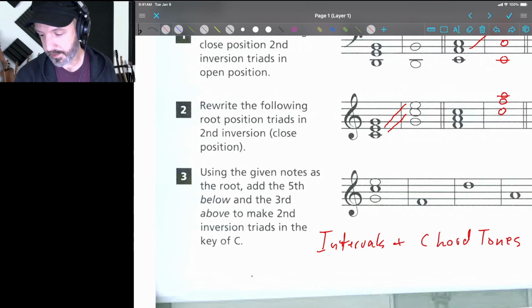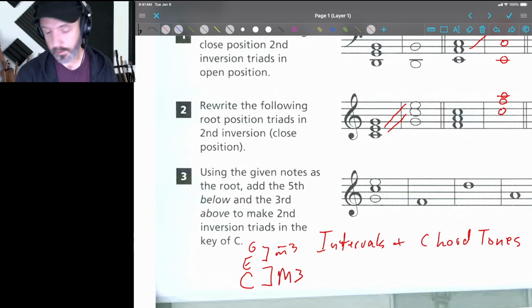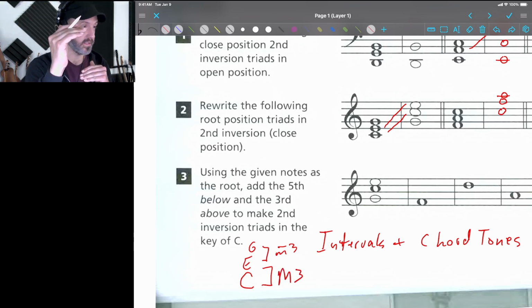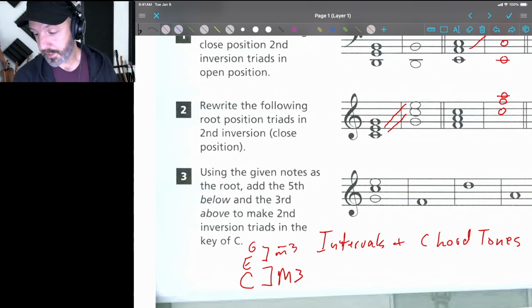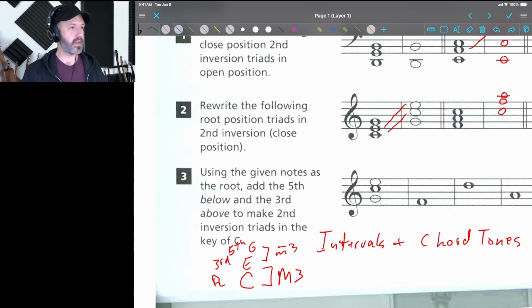Intervals would be like, say, if I C, E, G, that'd be a minor third and a major third. Those are intervals. We're dealing with distance, right? When we're talking about scale tones, we're talking about root, third, and the 5th. So to put it in an example, imagine like a baseball field.